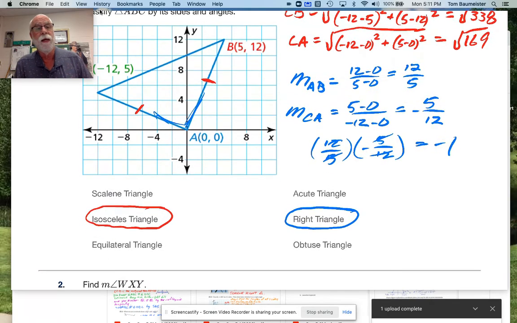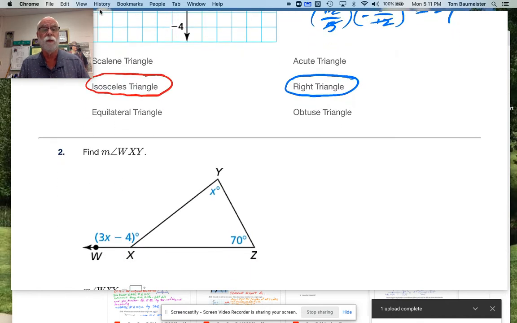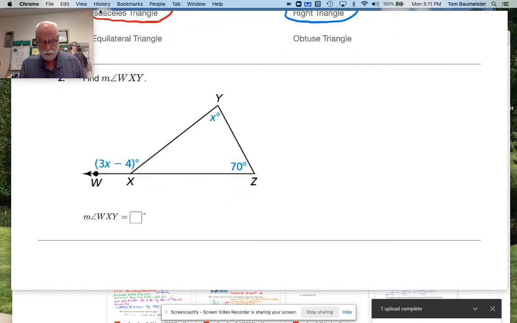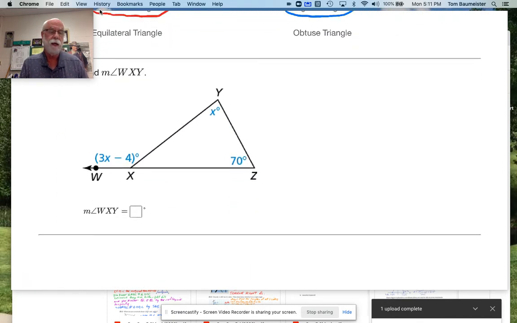Okay. Again, I told you I thought that was one of the hardest ones on this test. And then the second one was this one right here. So the first two problems, if you get them good, then you're okay. So the second one there is find the measure of angle WXY. So we need to find the measure of this angle here.